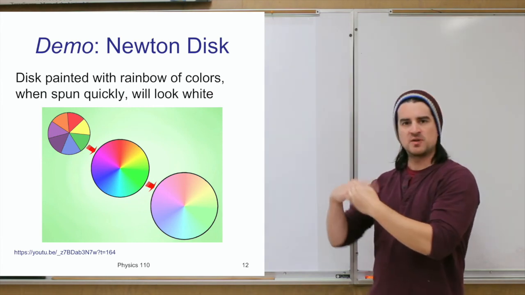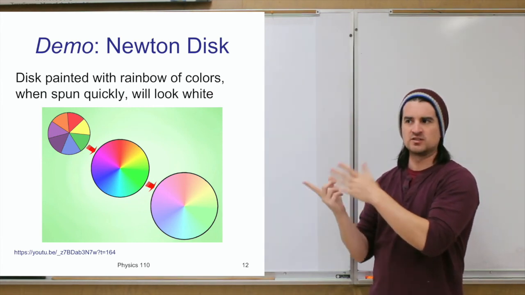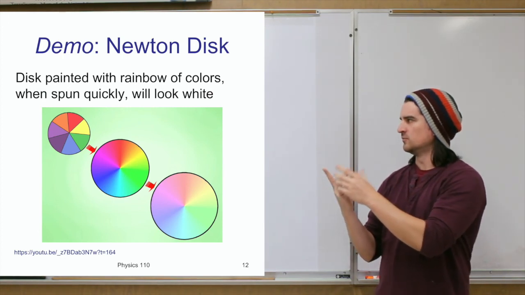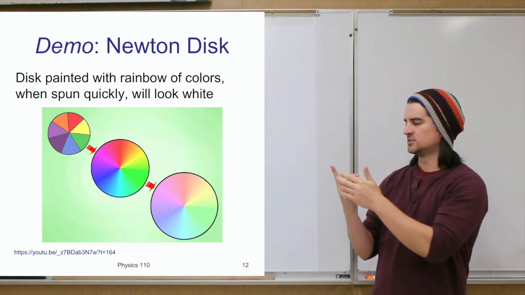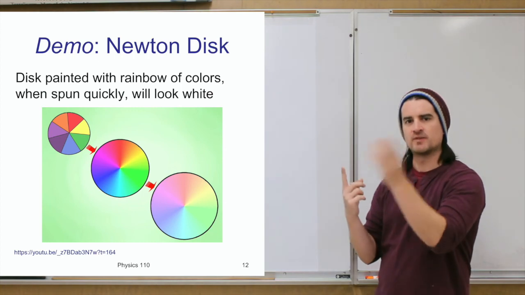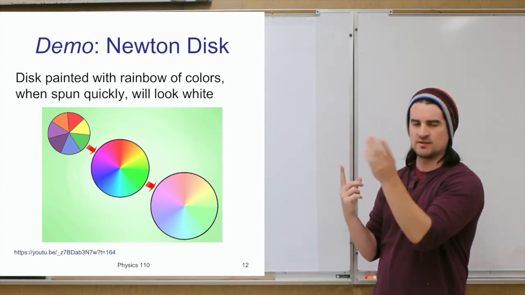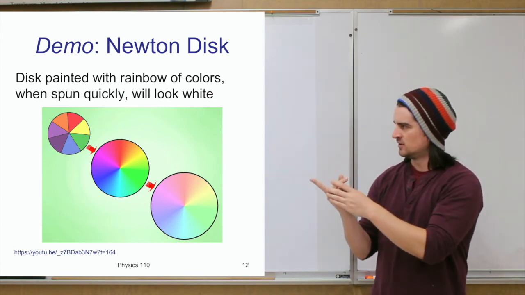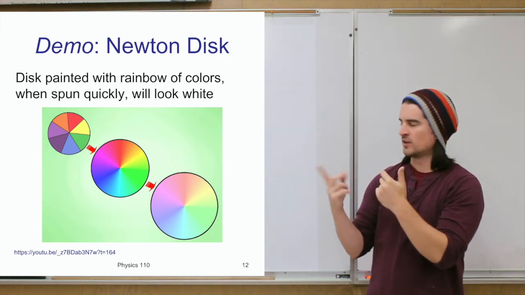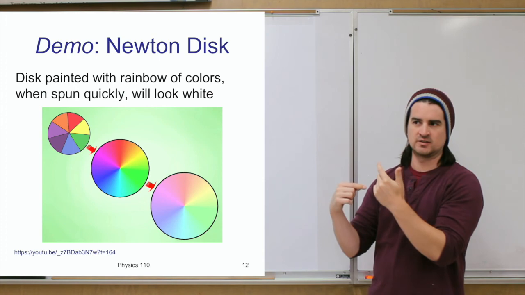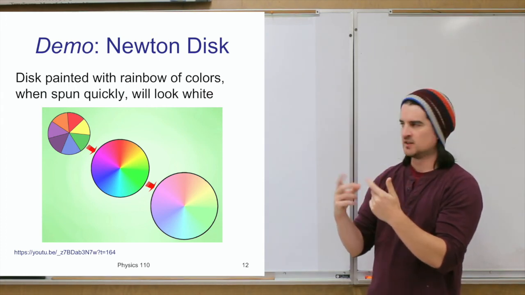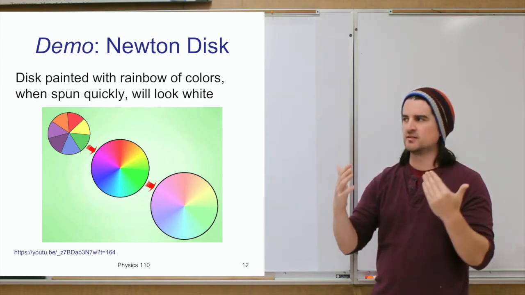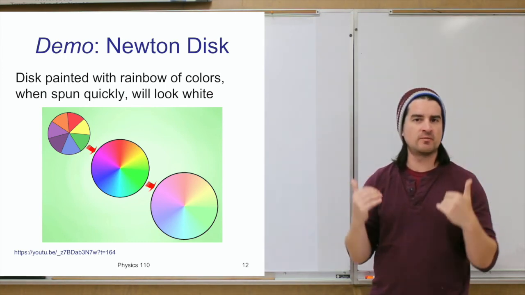But when you start spinning that disk, the same effect is happening, except now when the red section is giving off those red photons, it's moving so quickly that, for us at least, it starts to overlap with the other sections. Essentially, our eyes and brain have their own frame rate.